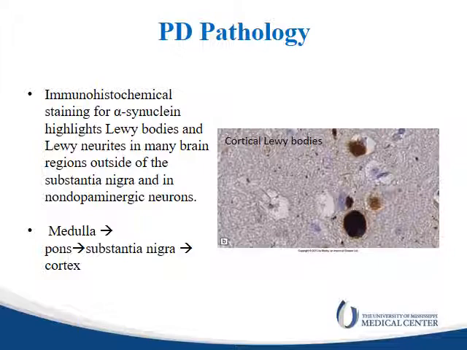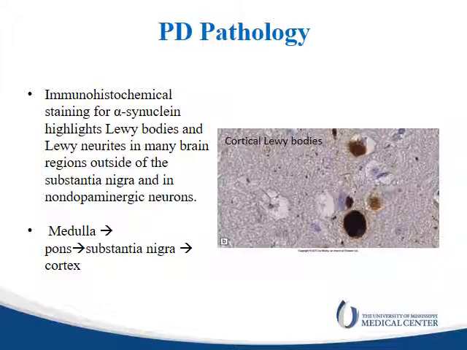We have talked about the pathological findings of Parkinson's disease in the substantia nigra. Now, based on immunohistochemical staining for alpha-synuclein, we know that there are Lewy bodies and Lewy neurites in many other brain regions outside of the substantia nigra, and also in non-dopaminergic neurons.